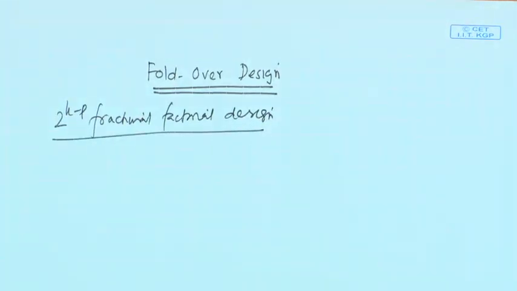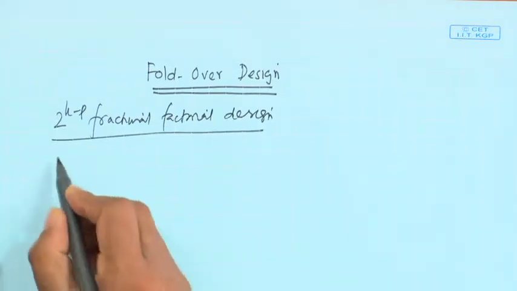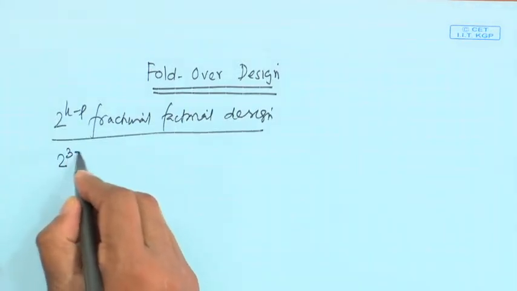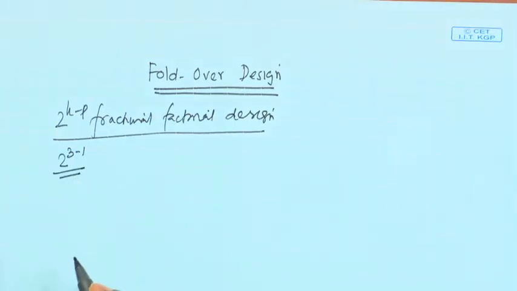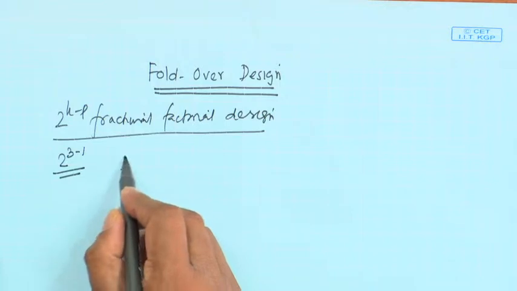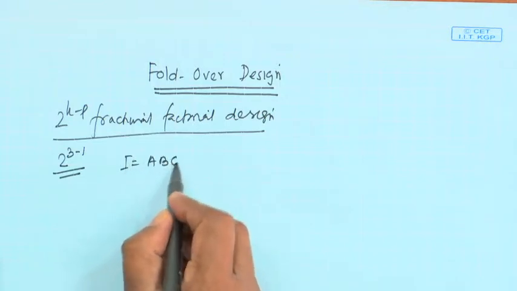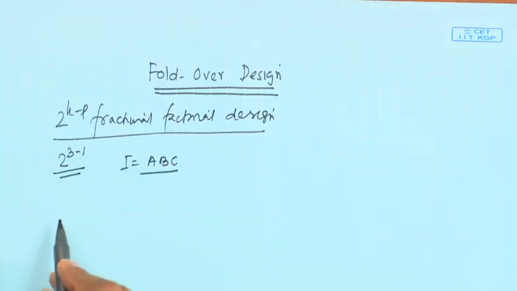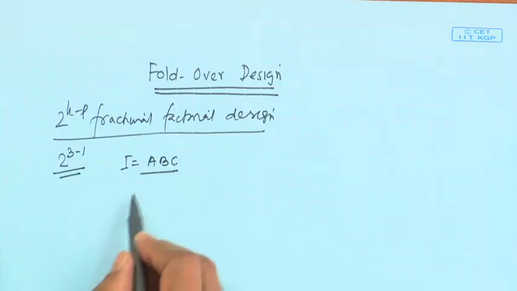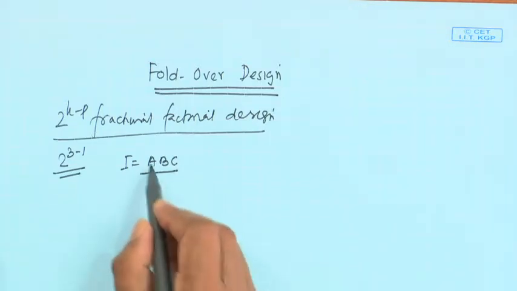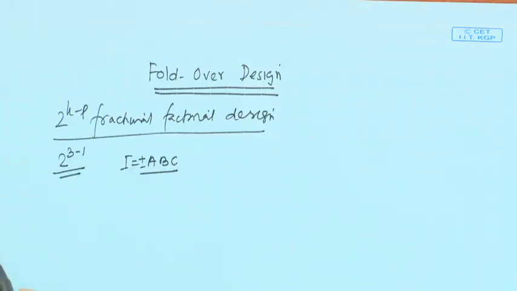In the very basic lecture, we gave you the 2 to the power 3 minus 1 fractional factorial design, where the defining relation was I equal to plus or minus ABC.